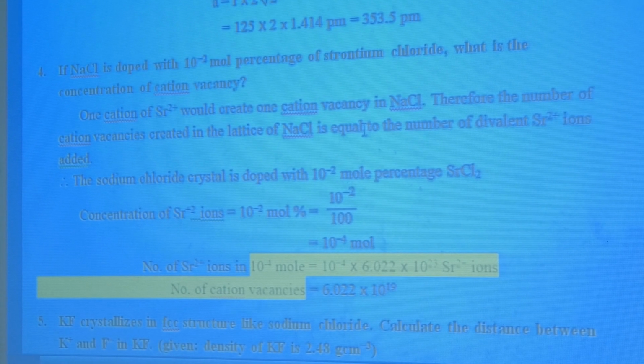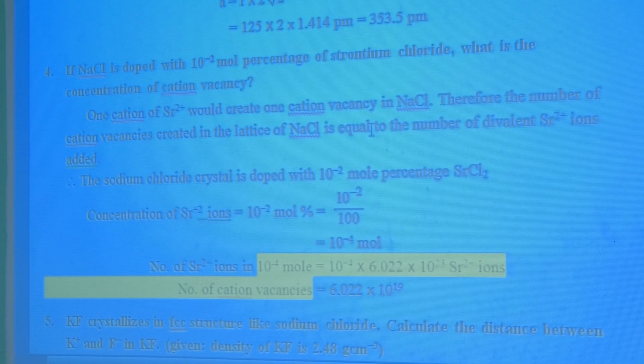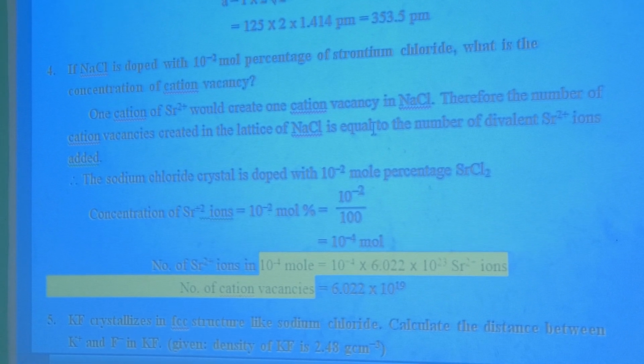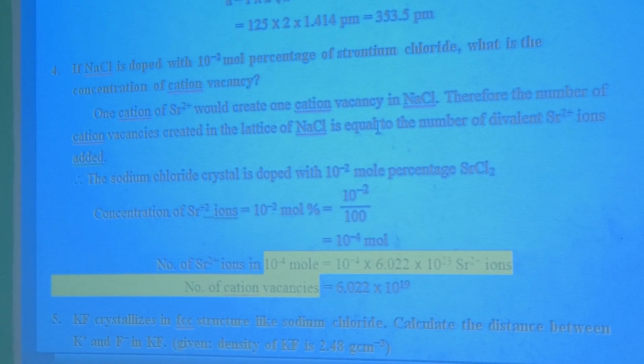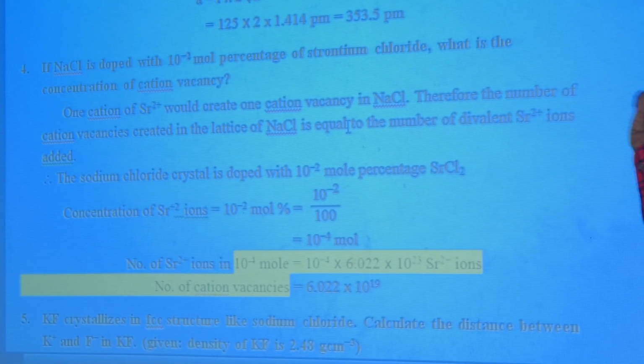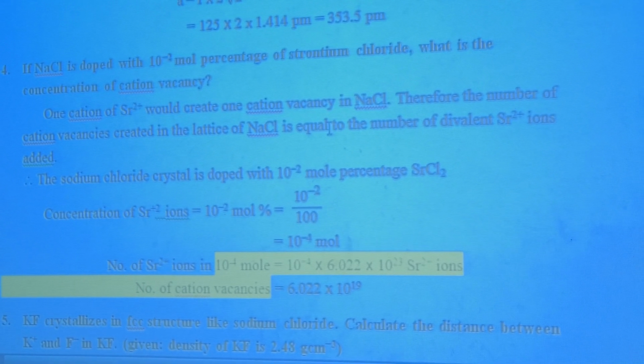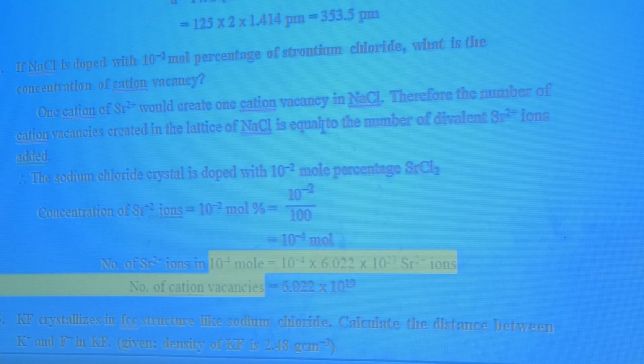So what is the cationic vacancy created here? If sodium chloride is doped with 10 power minus 2 mole percentage of strontium chloride, what is the concentration of cation vacancies? If one Na+ is replaced by one strontium ion, we will get one cationic vacancy.